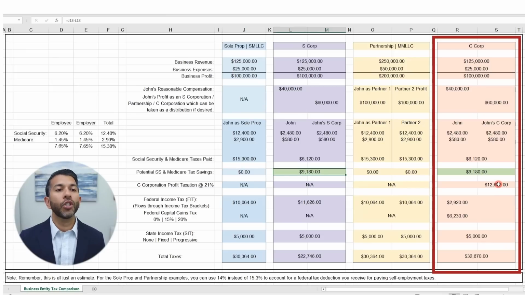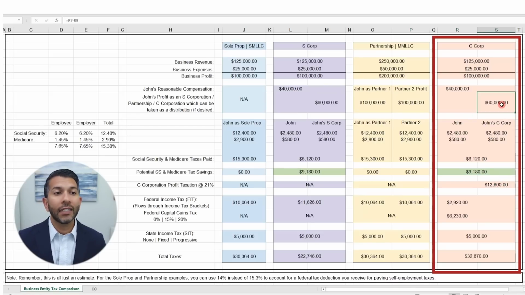A C corporation is not a pass-through tax entity. What that means is the C corporation itself has to pay an income tax. With the sole proprietorship, the S corporation, and the partnership, the entity itself does not pay any income tax. The entities did pay Social Security and Medicare tax over here, okay? But the C corporation is going to get a tax on the profit that it had.